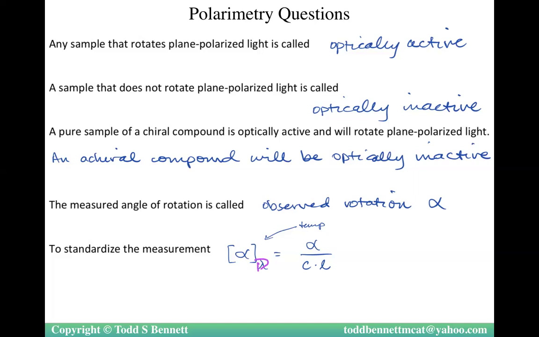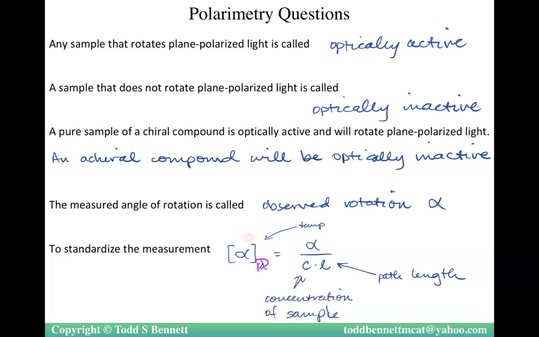So anything that impacts the density, the concentration and or the temperature plays a role. So we typically use 25 degrees, D-band light, 1 decimeter length, and grams per 100 milliliters in concentration. Hopefully it seems reasonable and okay.